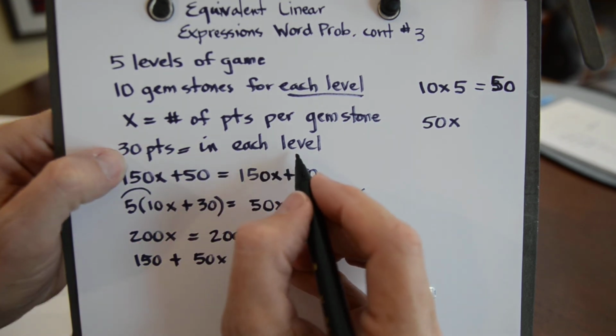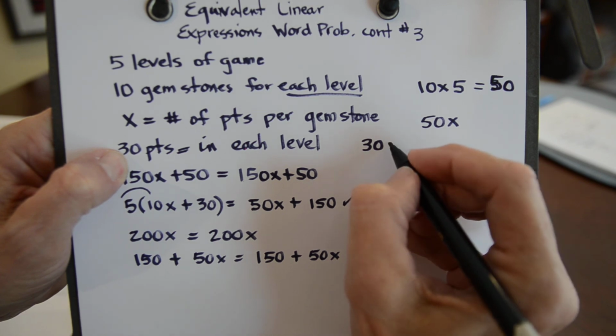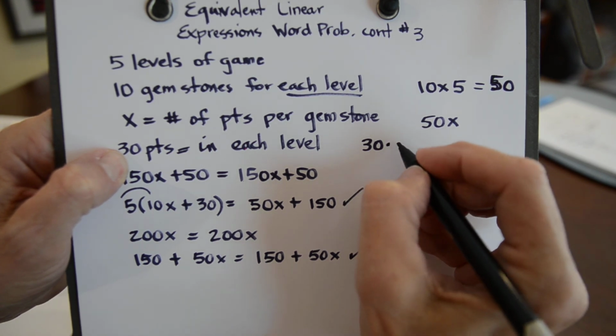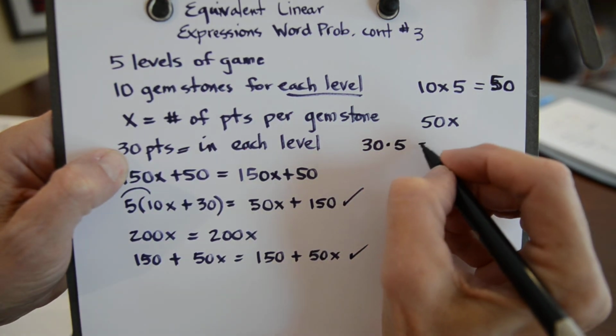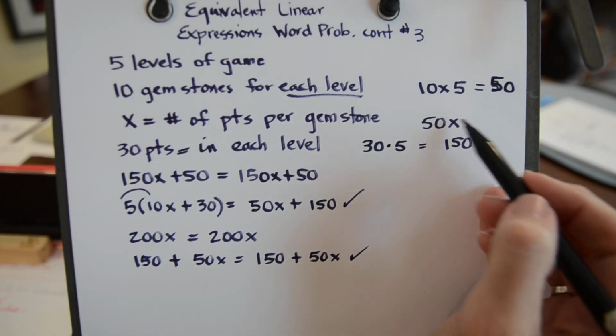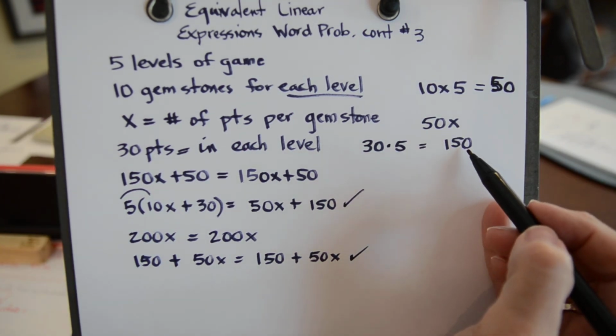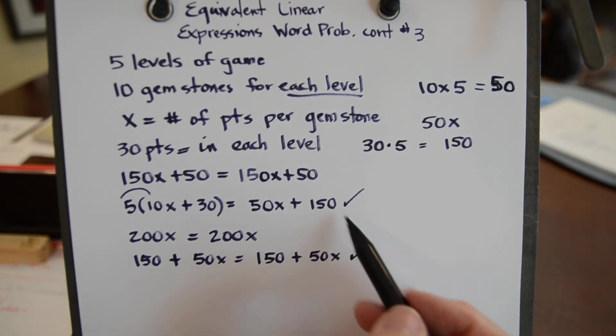How many levels were there? There was 30 points, and each level meant times 5 levels. So that gets me to 150. And I wanted to add these two things together. And that is how we came to what we finally got down here.